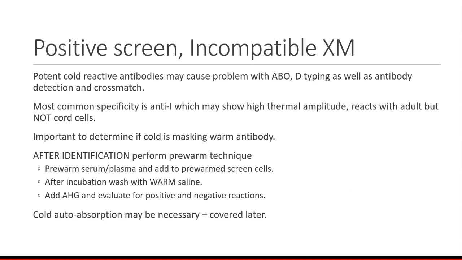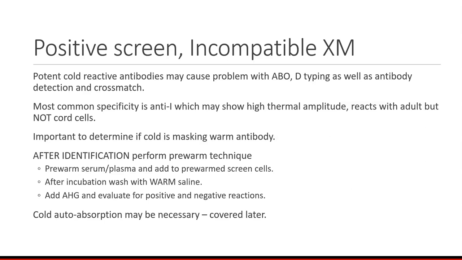The most common specificity is anti-big I, which may show high thermal amplitude, meaning that it is stuck so hard at your immediate spin room temperature that even after incubation, it doesn't come apart. And that's something that's called high thermal amplitude. And I had one that was so strong that at 37, it was 4+.